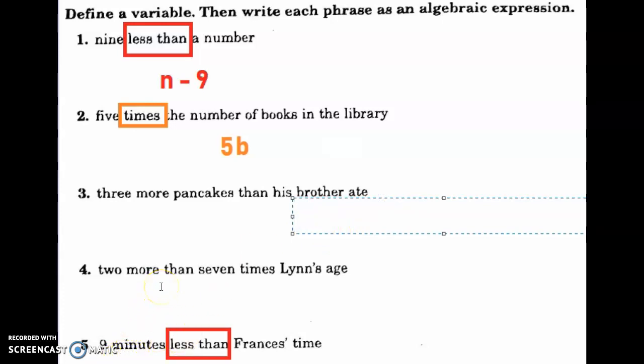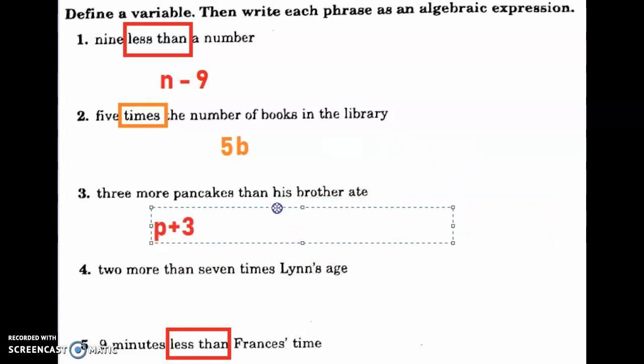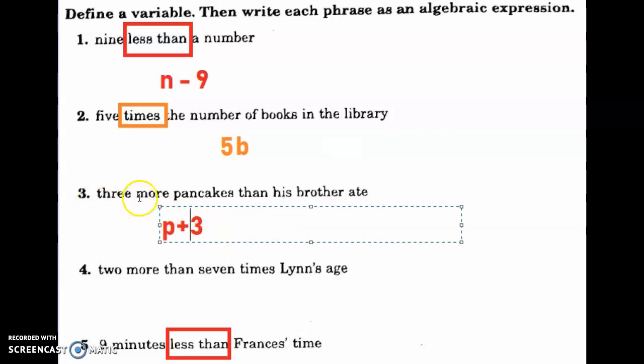So 3 more would be, like, what would we say, pancakes plus 3, right? This is another Yoda term we're looking at because we're adding to it. More than, less than. We're adding to it, so it would be P plus 3. What's cool about addition is it doesn't necessarily matter what order you put them in, because either way you're going to get the same answer, right? P plus 3 and 3 plus P are the same.